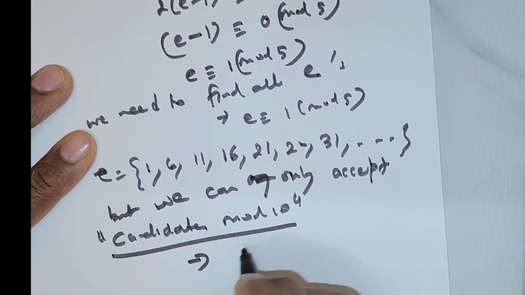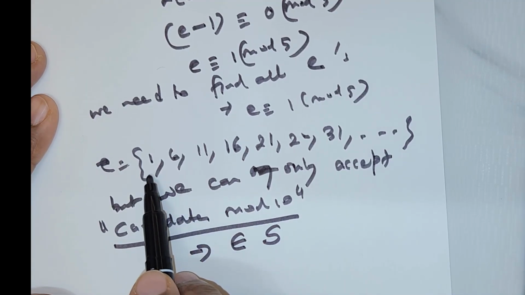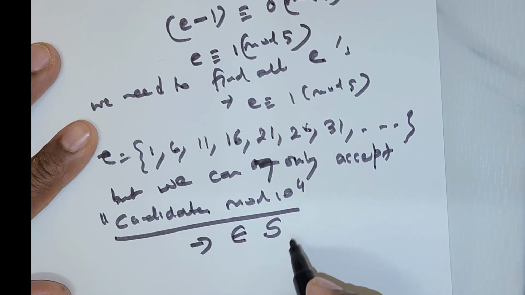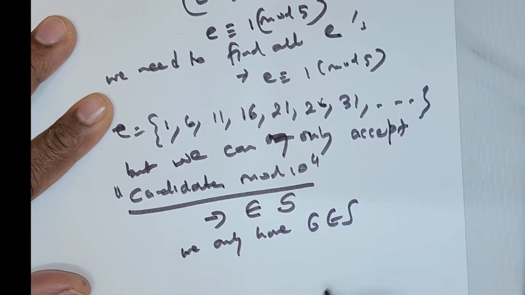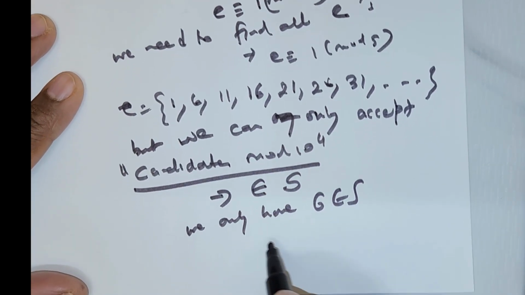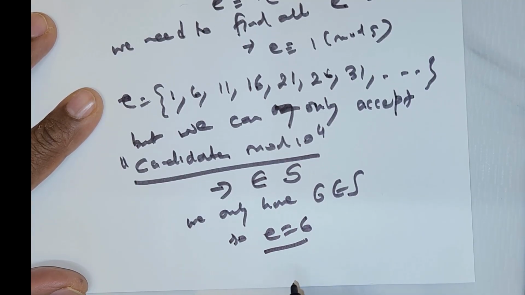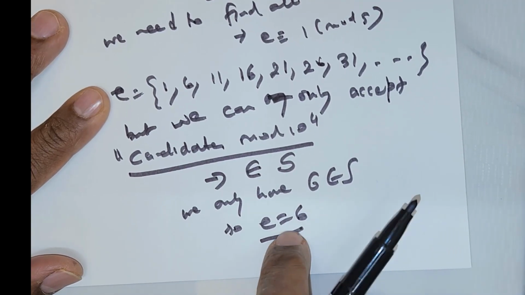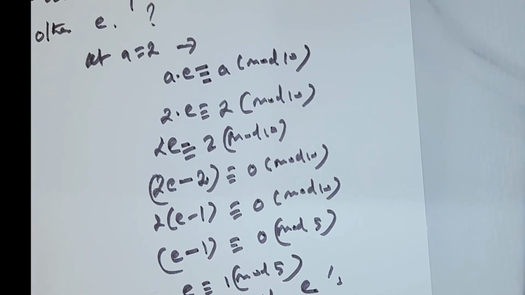Having mentioned that, such that it is an element of S. So if you were to take these elements 1, 6, 11, 16, 21, 26, etc., we only have 6 as an element of S. So our E is going to be equal to 6. Now the question is, will it satisfy mod 10? So we have to check that. So let's do the check.